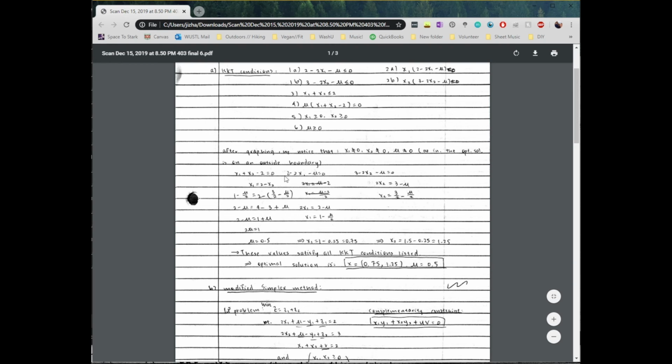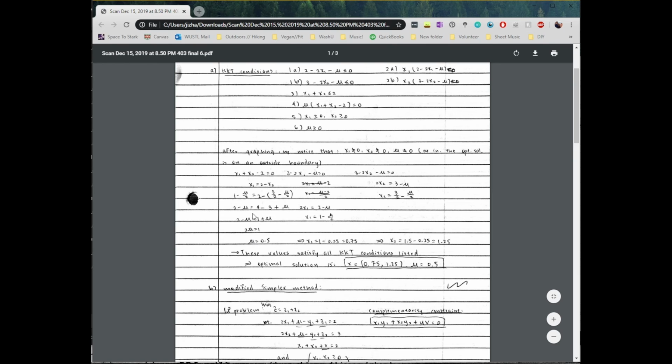So first I set it up as I use number 4 to get x1 in terms of x2. Then I use 2a and 2b, and I set these expressions in parentheses equal to 0, and I solve for x1 in terms of mu, and then x2 in terms of mu. And after doing this, you can use this expression that we got from number 4 to actually solve for mu, because now you can represent both of these variables, x1 and x2, in terms of mu.